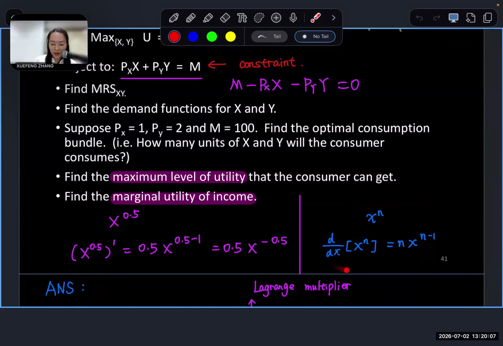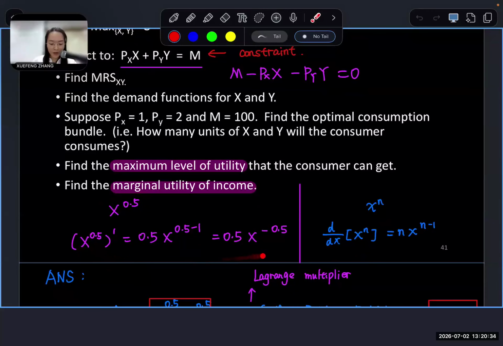And here I showed you how to take the derivative if the function is a power function. So we need to use the power rule, okay? X power n. So the derivative of x power n is n x power n minus 1. I think you guys learned this one in your high school or when you took the mathematics class.